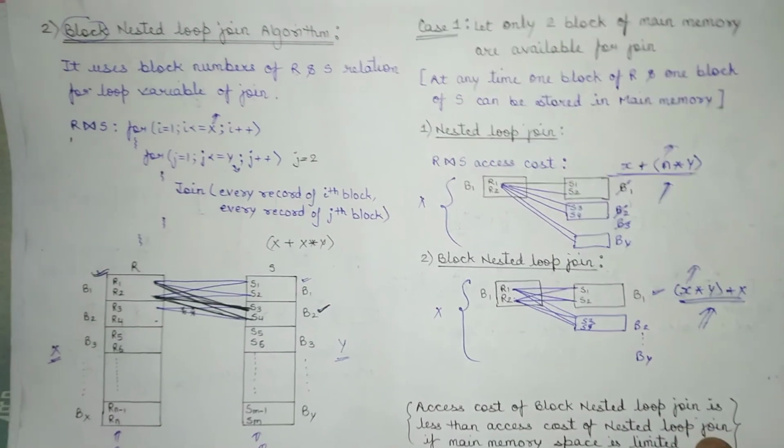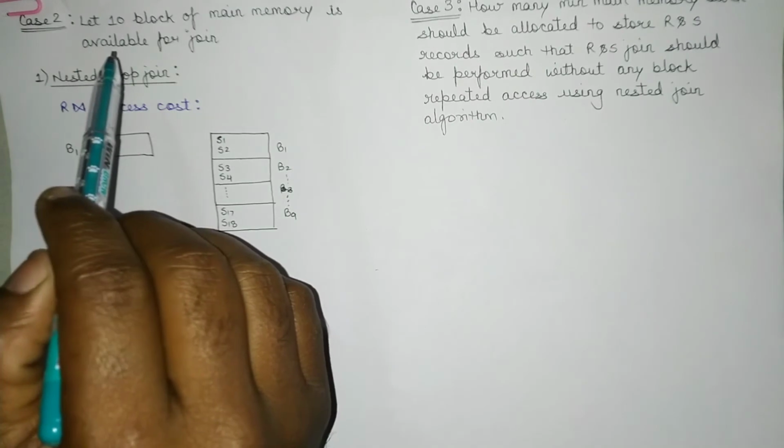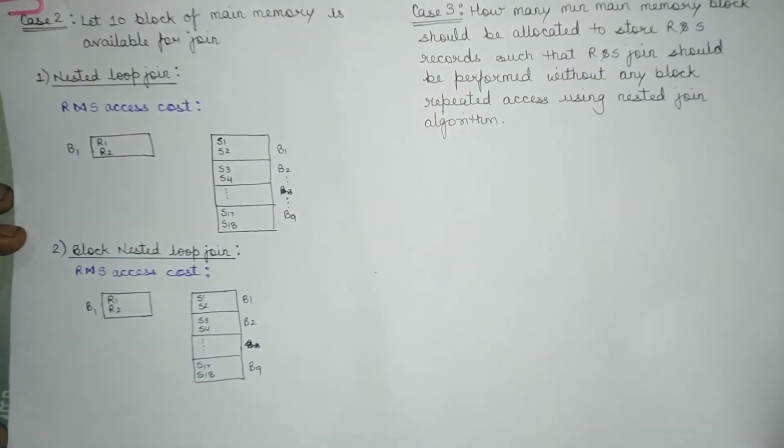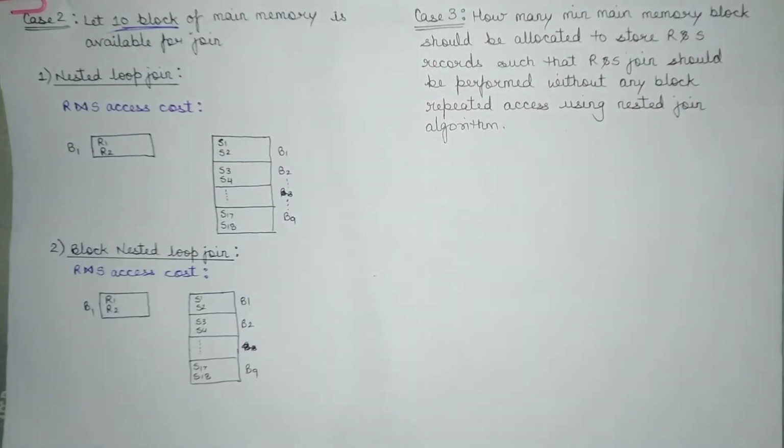Now let's move on to the next test case. So in the next test case we are having a limitation. So what is the limitation over here? We are having 10 blocks in the main memory.